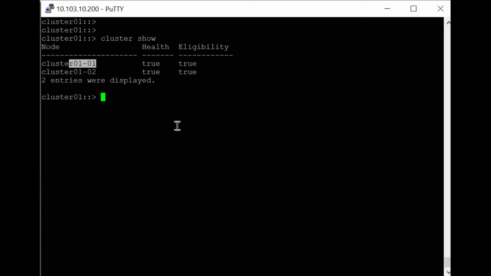Each of these nodes is used to balance the load, and some disks should be owned by one of the nodes at a time, and then these are in a high availability pair. So if one node goes down, the other one will take over the ownership of the disks without any disruptions.